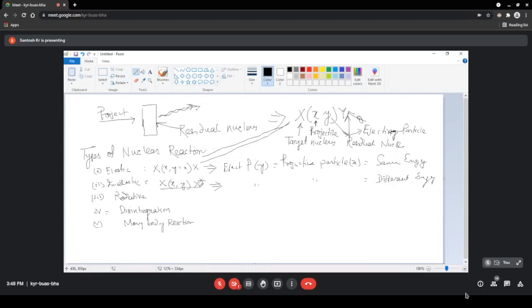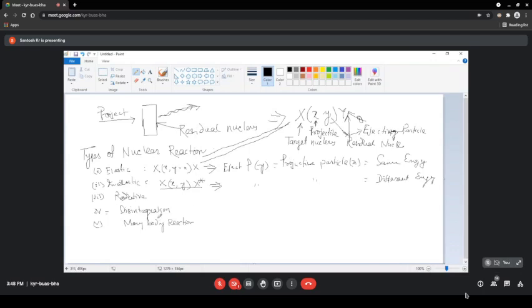In your exam they generally ask the difference between these: only different energy. The energy of the ejected particle and projectile is the same in this case, whereas in this case it is different. That's why it is in an excited state.